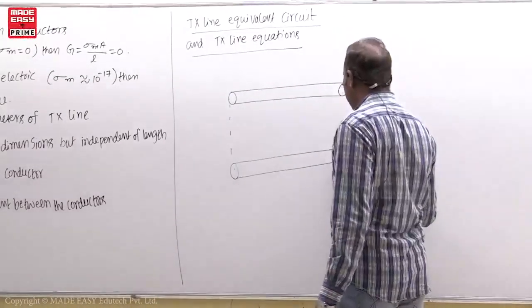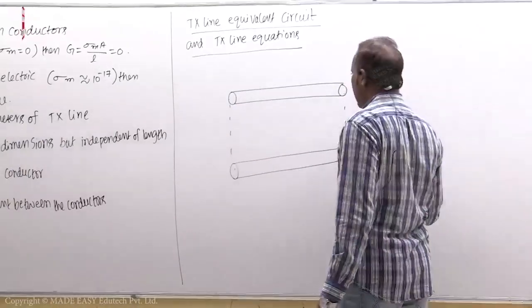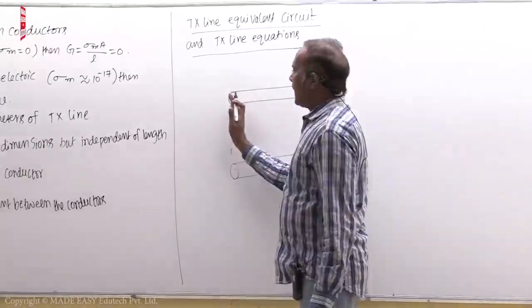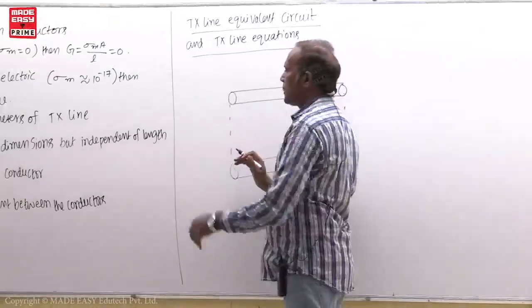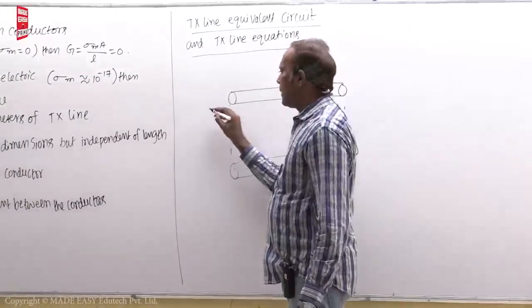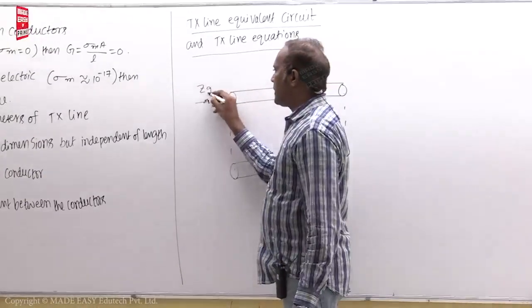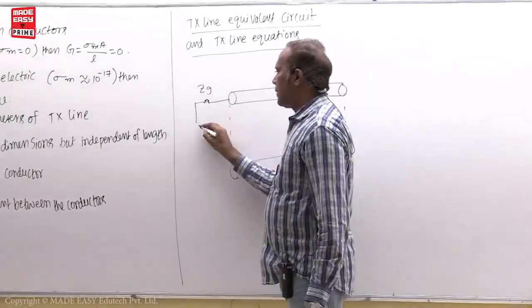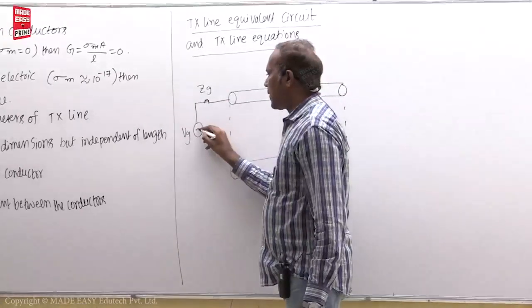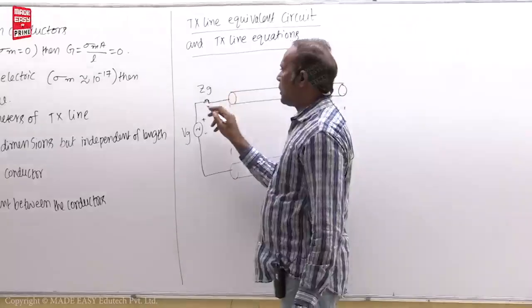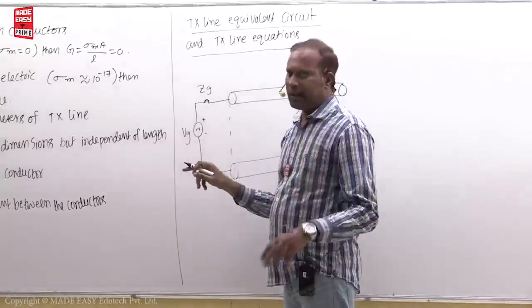So total 2 conductors are there. Now here signal source is connected to this, like FM signal generator. Every signal source has an internal impedance called ZG, generator impedance, then voltage of the generator is there. So G means here generator, student. If you want, you can write. I am not writing. G means generator.